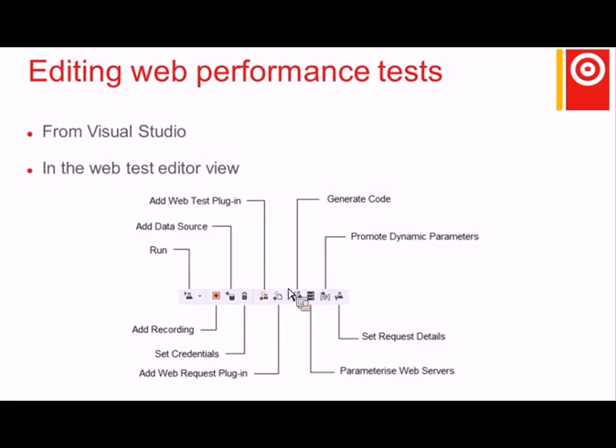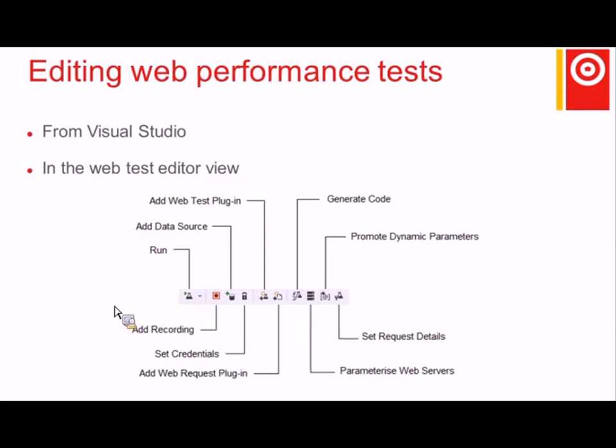Also, we won't be covering the next option, which is to add in a web request plugin, which is a similar proposition, but you would be overriding the individual web requests. You can also override things like extraction rules and validation rules, so you can get in and override just about anything. It's pretty much one of the standard things with Visual Studio. You can get in and override just about any element you want.